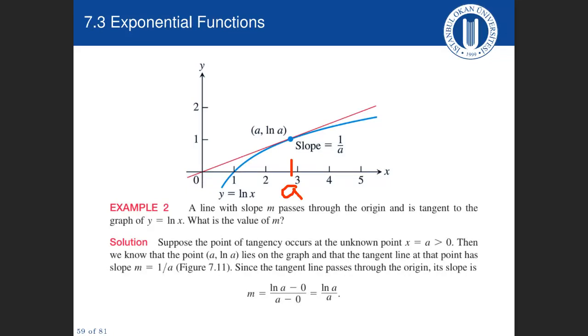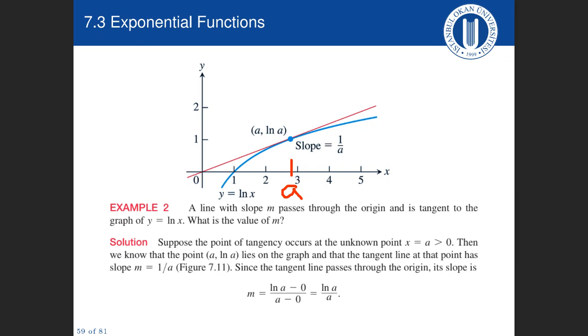So in other words, it touches at the point (a, ln a). We know that the derivative of ln x is 1 divided by x. So the slope of the graph at this point, and therefore the slope of this tangent line, must be 1 divided by a.